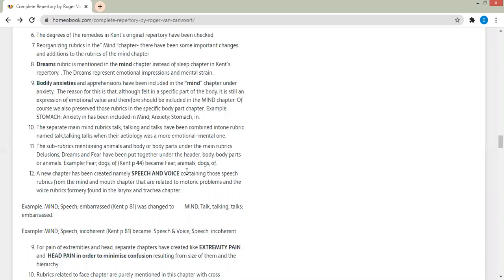In this way, the subrubrics related to animal, body and body parts are given under the main rubrics delusion, dreams and fear. So under fear, under delusion, under dreams, we found such type of rubrics.